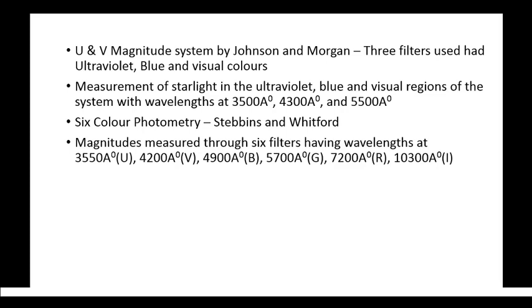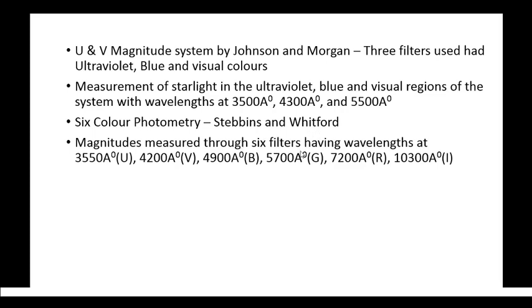So 3 wavelengths can be identified with the help of these 3 filters, which correspond to the ultraviolet region, blue region and visual region of the electromagnetic spectrum. So that was the UBV magnitude system. And another photometric magnitude system is the 6-color photometry, introduced by Stebbins and Whitford.